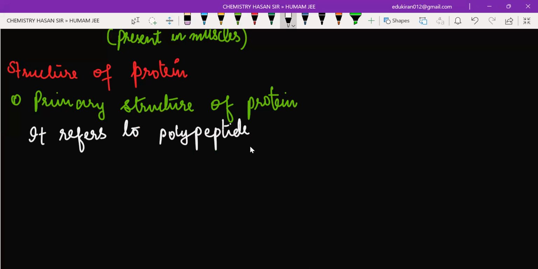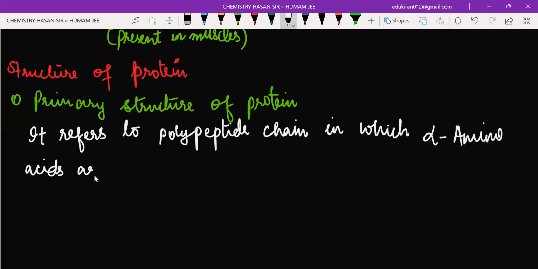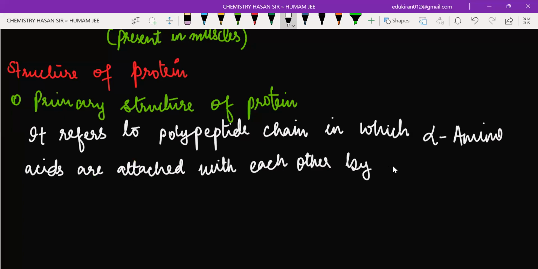This is basically a linearly arranged polypeptide chain in which alpha amino acids are attached with each other by peptide linkage in a specific sequence.